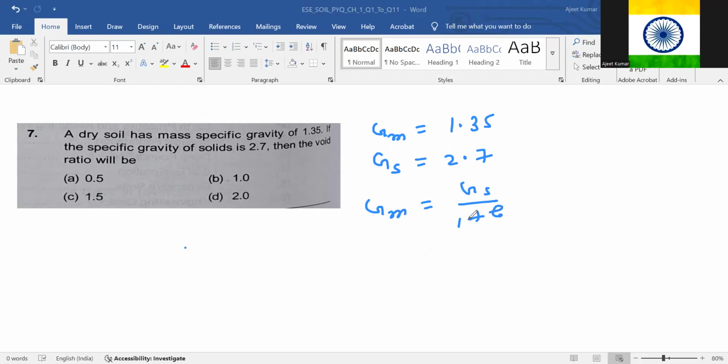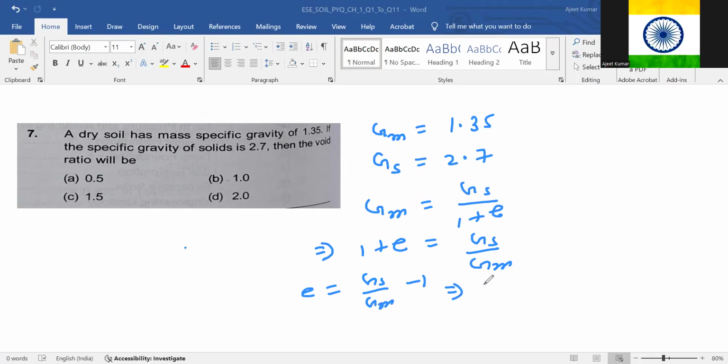If you simplify this, 1 plus e is equal to Gs divided by Gm. So e is equal to Gs divided by Gm minus 1.